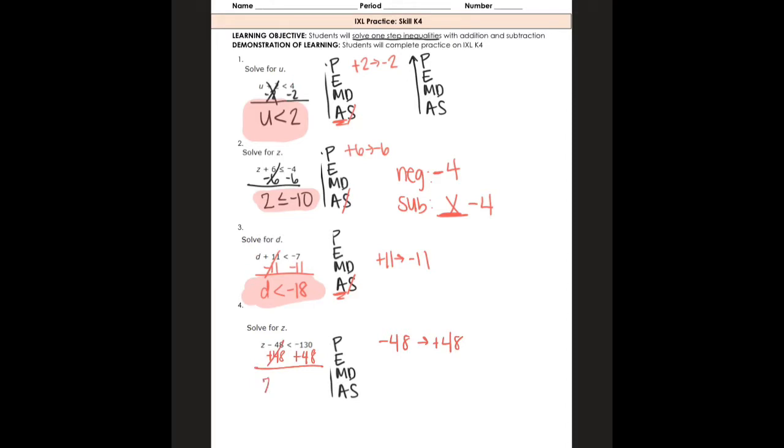The z comes down, is less than -130 plus 48. -130 plus 48, and that is -82.